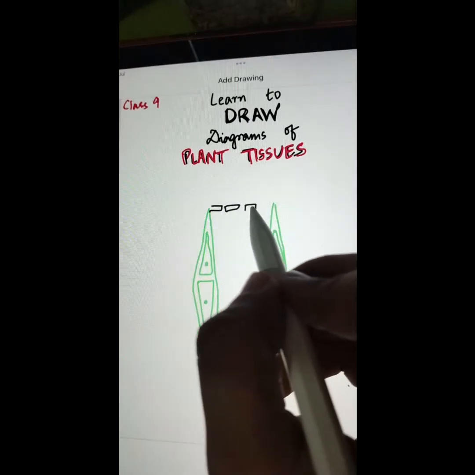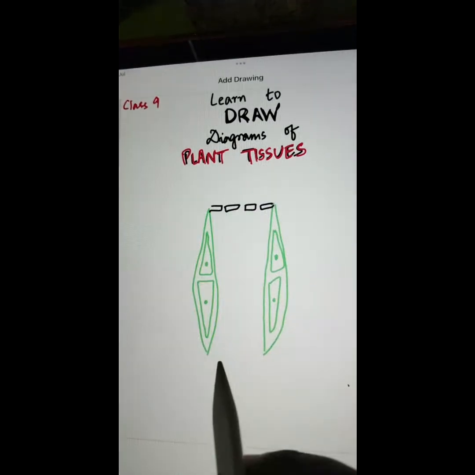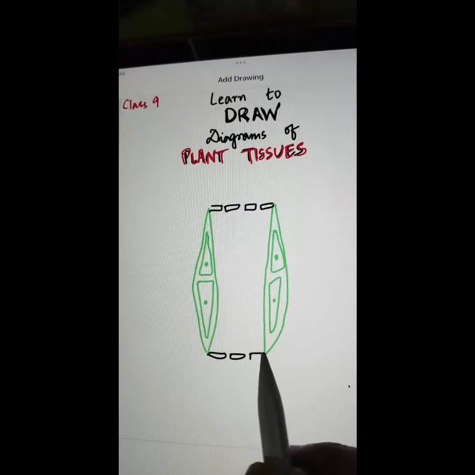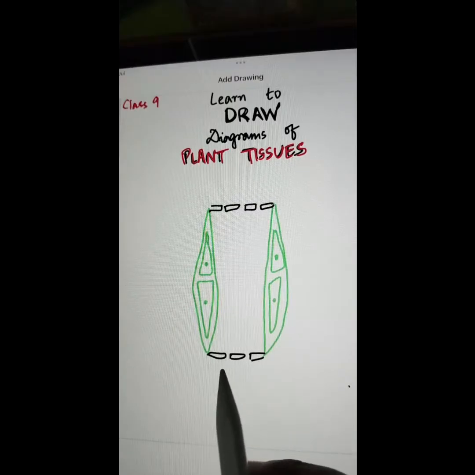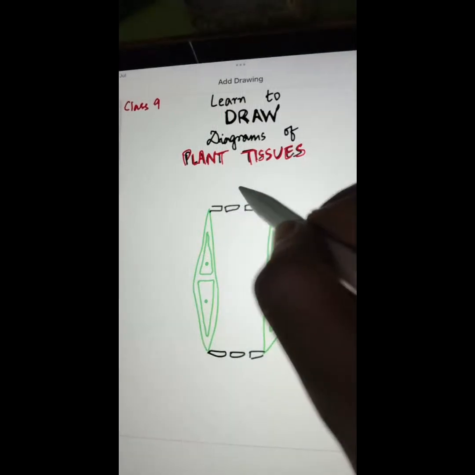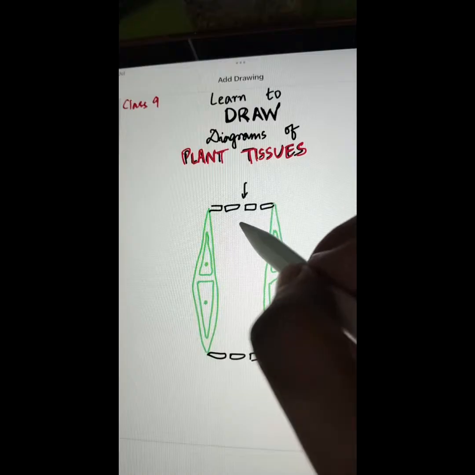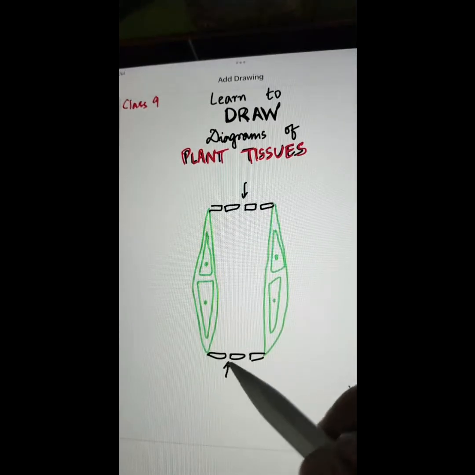This is the sieve plate that I am drawing with black. Plate means the wall at the end. If you could see that I am making gaps in between, because these gaps will allow the passage of the food from up to down or from down to up.